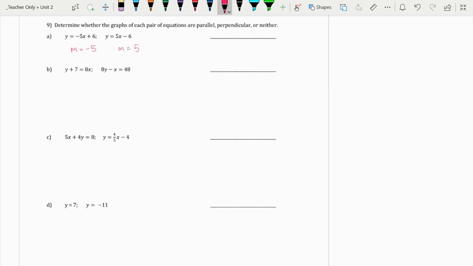Now be careful, remember parallel, they have to be exactly the same, and these are not, so it's not parallel. And many of you probably thought that these were perpendicular, but remember, they have to be opposite and reciprocals. So these are not flipped, so these are neither. In order for it to be perpendicular, like this one would have to be a positive 1/5.